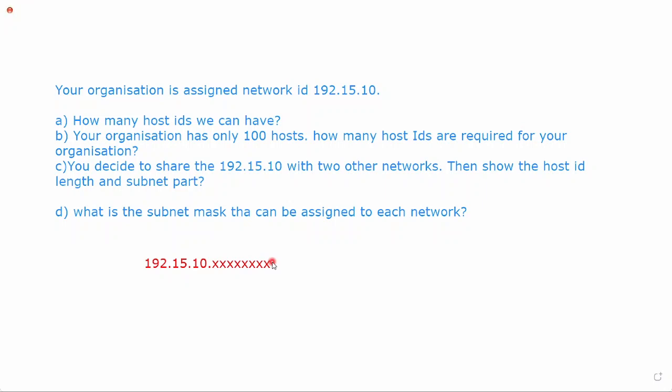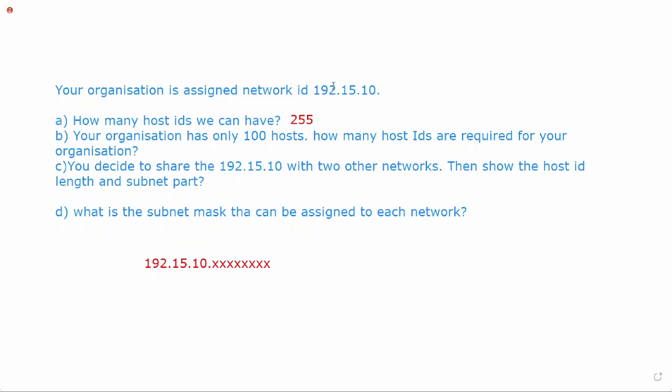So what is the answer for the first question? How many host IDs can we have? If you have eight digits to play around, how many host IDs can you have? 255, right? So the first question answer is 255. Your organization has only 100 hosts. How many host IDs are required for your organization?